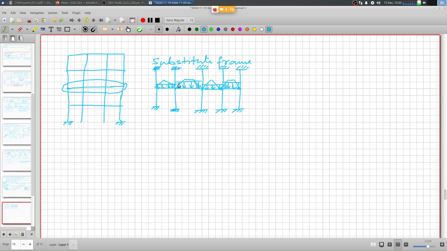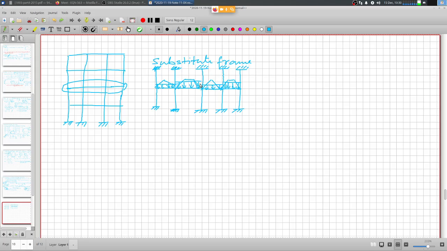So now this becomes, as compared to analyzing the complete frame at one go, a much easier and manageable task, just concentrating on the analysis of this simple substitute frame. The moment distribution is very simple, and it converges very quickly, and you get the frame member forces very easily, very quickly, right?